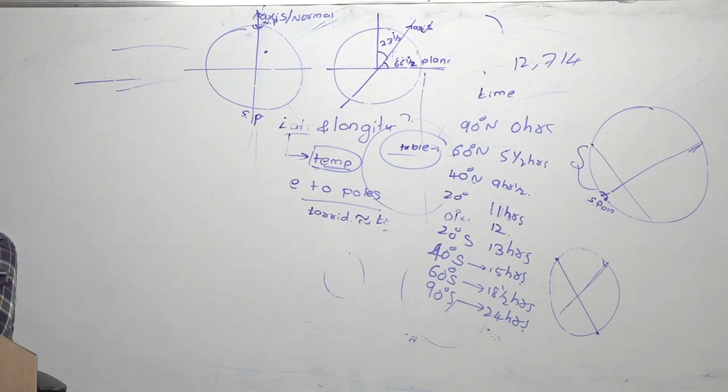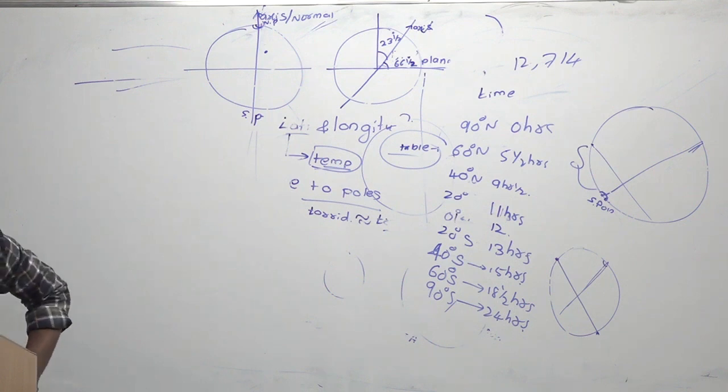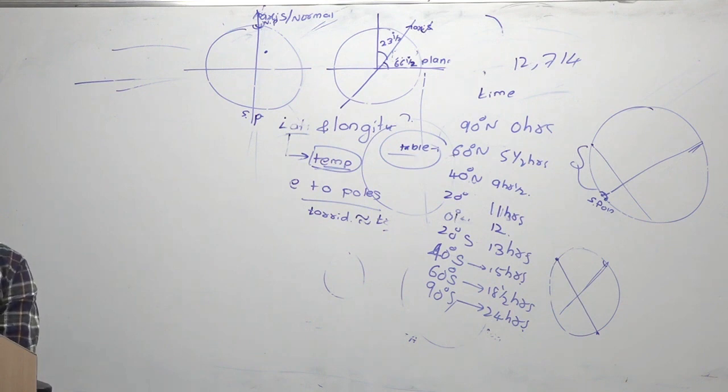Next. So the subsolar point is at the equator. Next, side heading, June solstice or summer solstice.